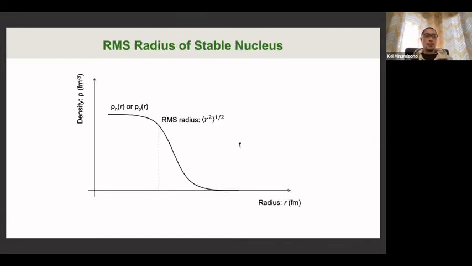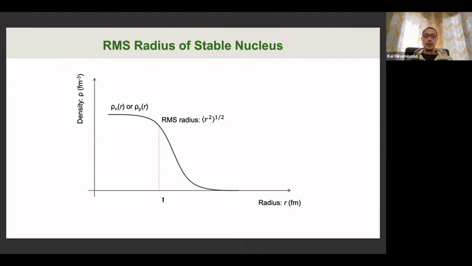So since I'm talking about the neutron skin, here I'm showing the root mean square radius. Here the density is shown as a function of the radius, and the density distribution typically looks like this with some tail. And the root mean square radius is defined somewhere here.